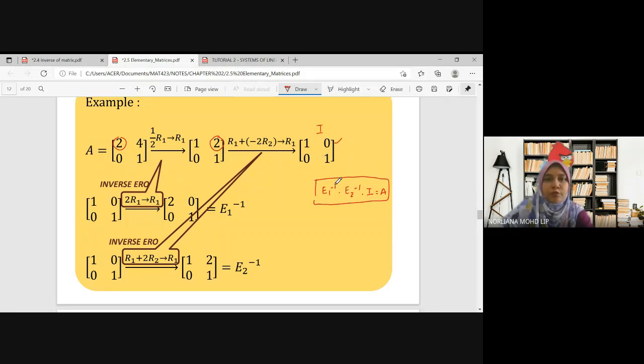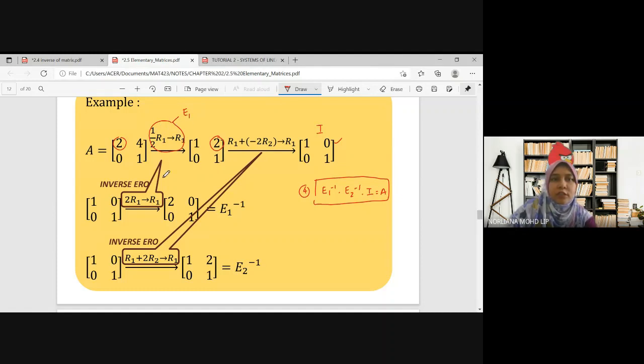Okay, then to prove this theorem number 4, find the inverse of elementary matrix. So we know the first operation for E1: elementary matrix 1 over 2 row 1.